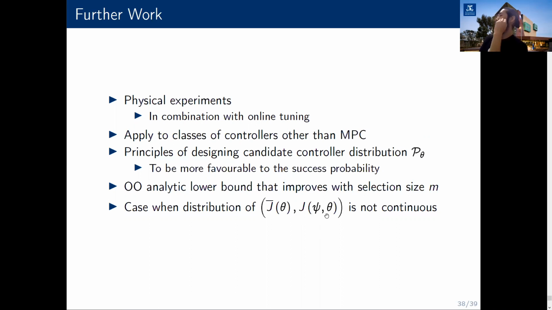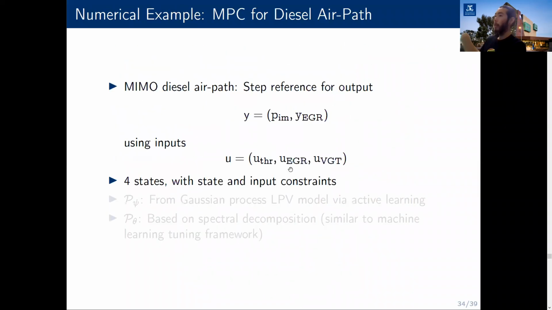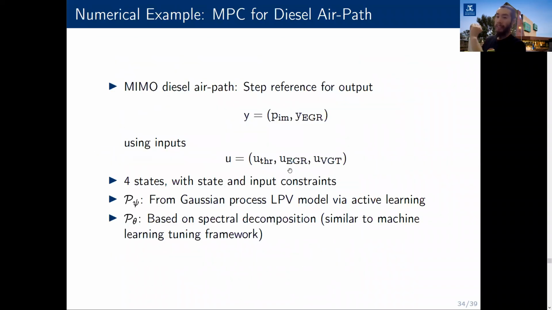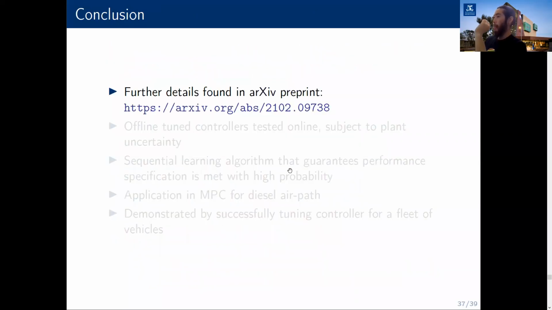So choosing a uniform distribution could be done, and whether or not that leads to a better success probability depends on a case-by-case basis.